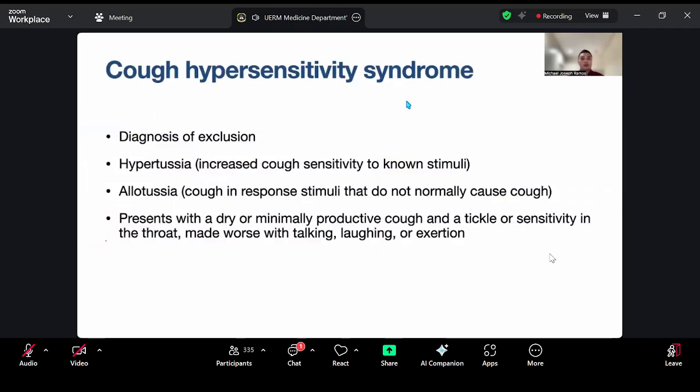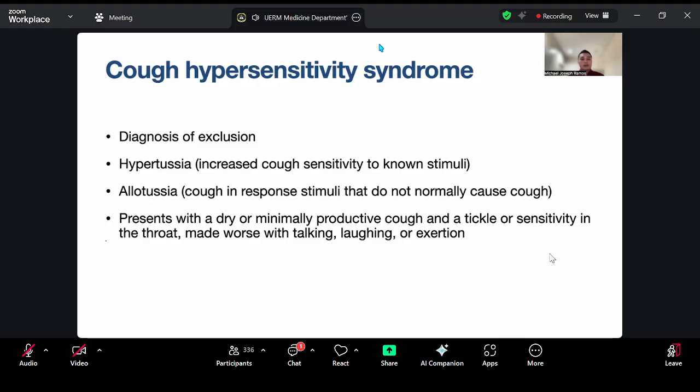Last among the common causes of your chronic cough is the cough hypersensitivity syndrome. And this is characterized as a chronic cough triggered by a low level of stimulation, whether mechanical, thermal, or chemical triggers. There is a hypersensitivity in the receptors, thereby causing a type of cough hyperreflexia.